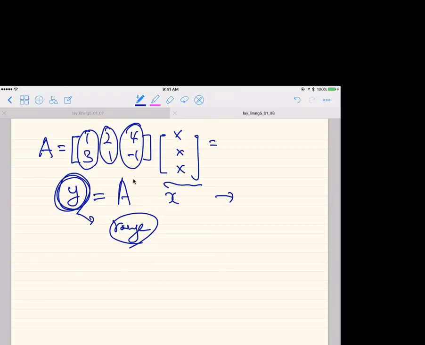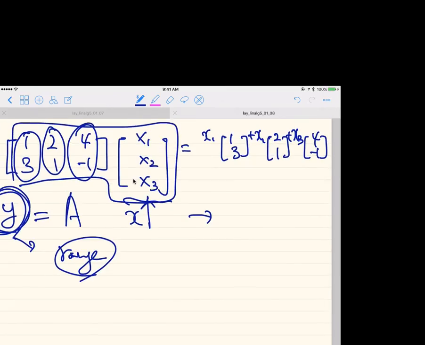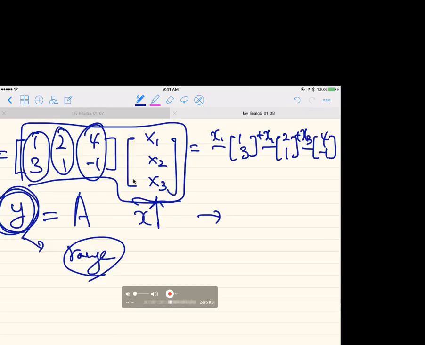And why? So you know this matrix and vector multiplication is the same as the vector equation form of x1, x2, x3, and then [1, 3], [2, 1], [4, -1], with x1, x2, x3 as linear combination coefficients. So we freely change those x1, x2, and x3, right?